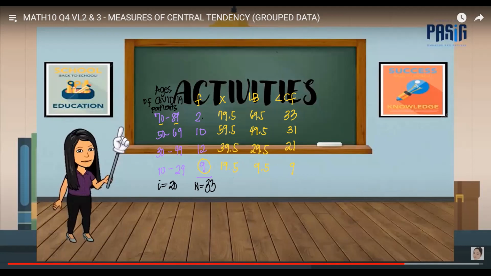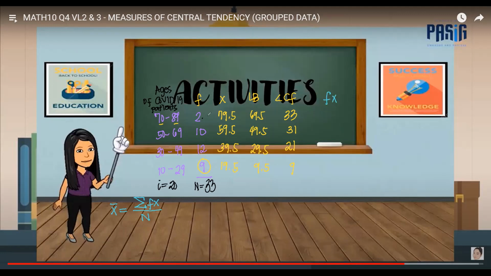Okay? Now, how do we get the mean? Ito muna tayo sa mean. So, yung mean natin, formula niya ay sum of the f times x divided by the n. So, mag-multiply muna tayo ng f tsaka x, ano?